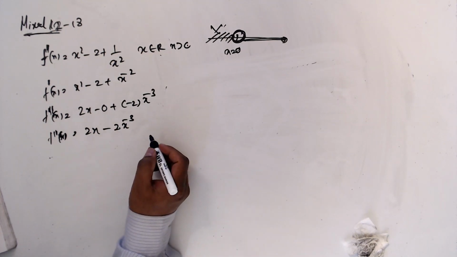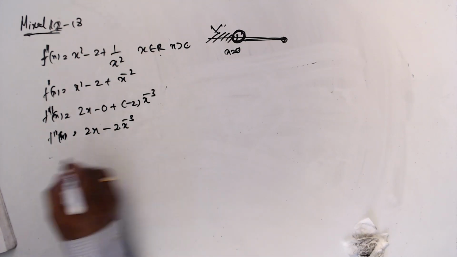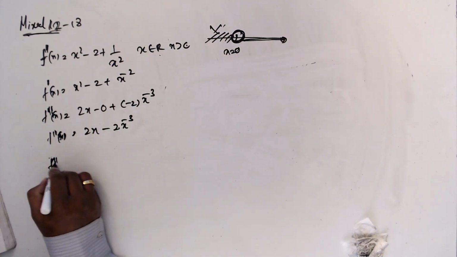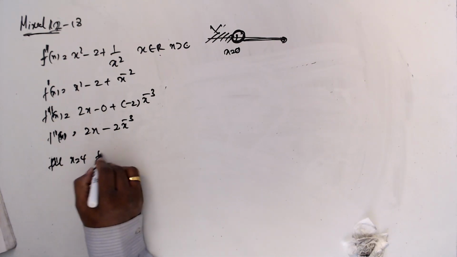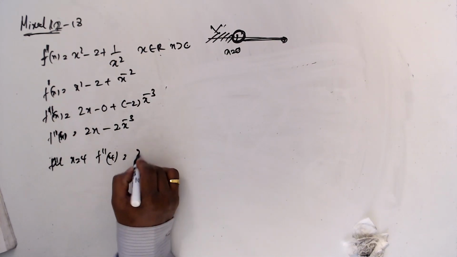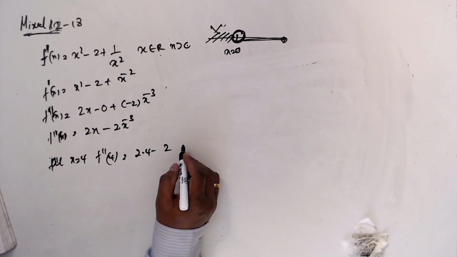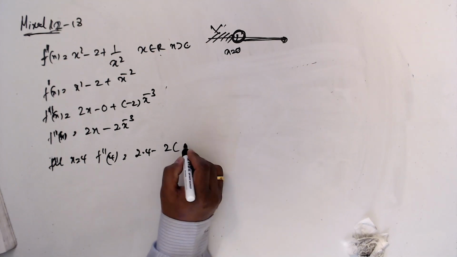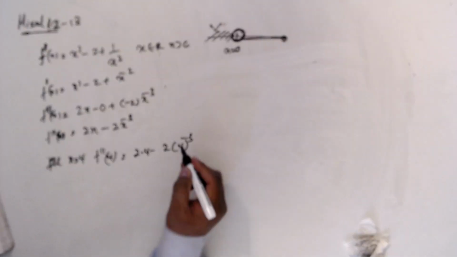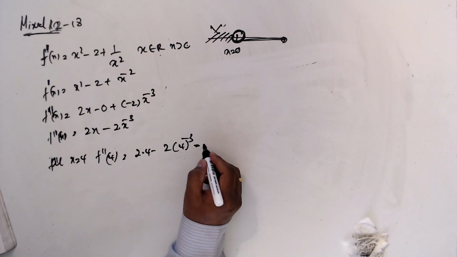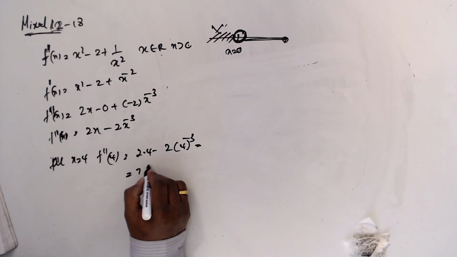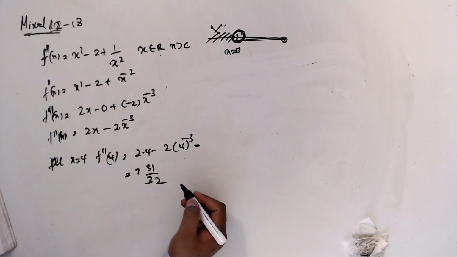So at x equals 4, f double prime 4 equals 2 plus 6 times 4 to the power minus 4, and you will get this answer, 731 over 32.